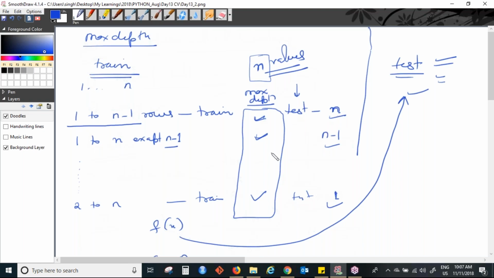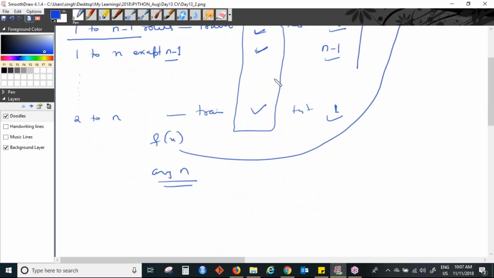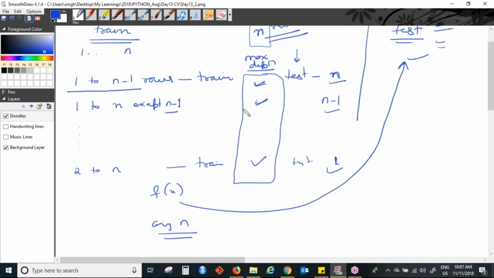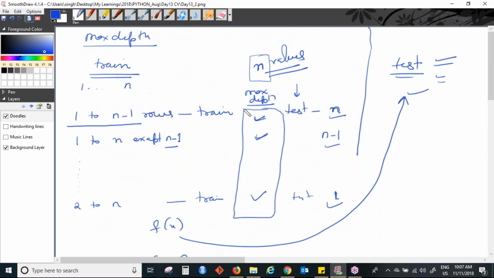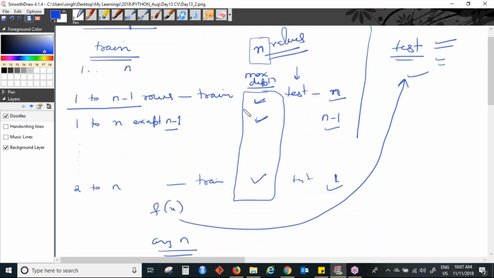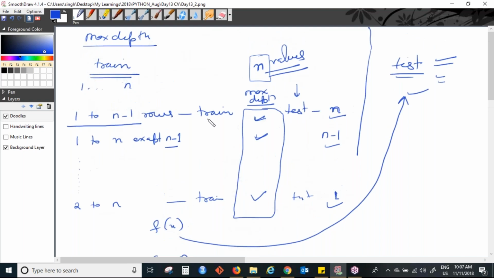So that is why we will take the average value, and probably on that average it will perform best on the test data. So this is the best approach that you can take. There is no better approach than leave one out cross validation. And that is why it is called leave one out cross validation, because every time you run a model, you are leaving one data point out, and then you are running the model.